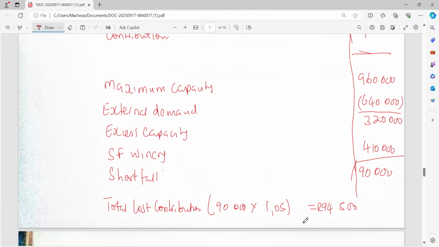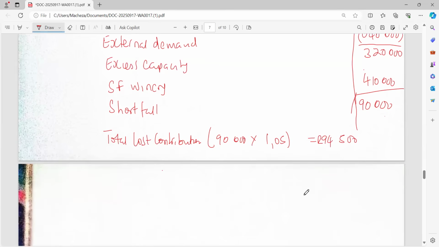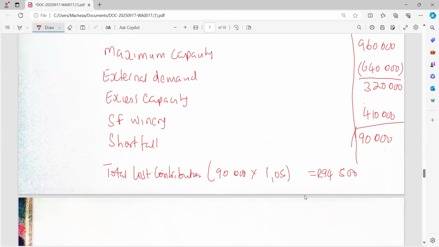Then you'd go and look at who is prioritized here. So the one that is prioritized, remember, is SF winery. So when you calculate your lost contribution, you base on what you are going to supply to SF winery.